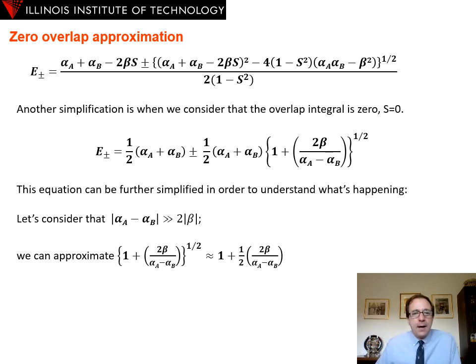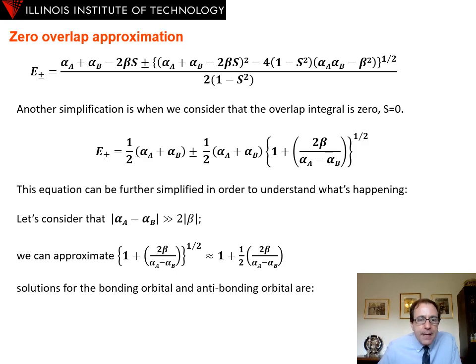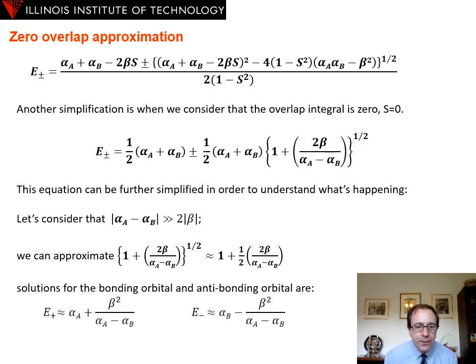If we get rid of that square root term and rearrange, we can further simplify the equation so that the approximate energy of the bonding orbital is alpha plus beta squared over the difference between those two orbitals.